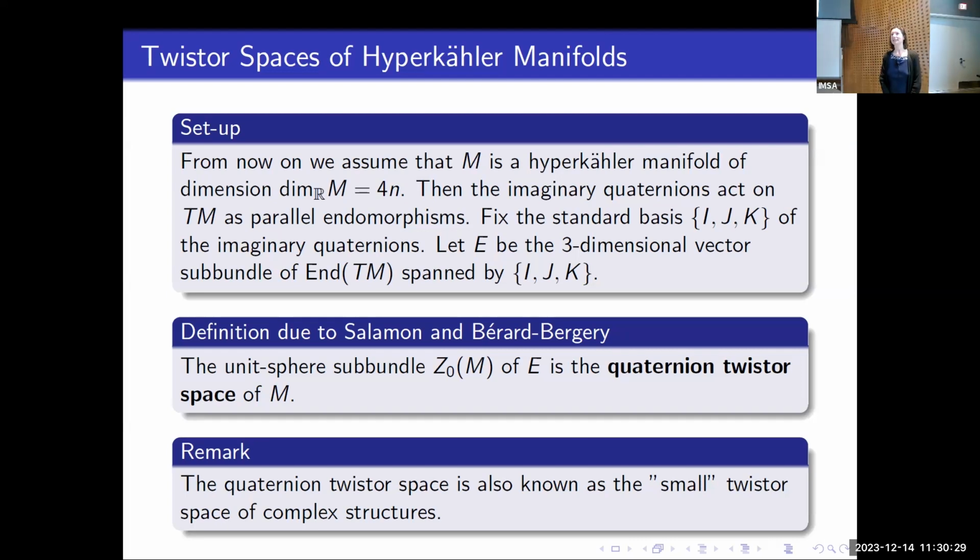So let's fix the standard basis i, j and k of the imaginary quaternions. This gives you a 3-dimensional subbundle of the endomorphisms of the tangent space. And now in this bundle, let's take the unit sphere subbundle Z0.